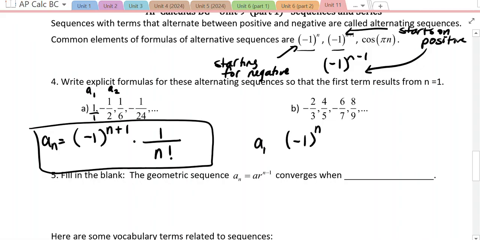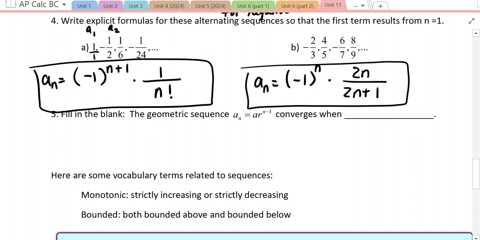Basically. And then 4, 6, 8. So that's a nice little 2n on the top. And on the bottom, I have 3, 5, 7, 9. So these are going up by 2 every single time. And we're going to say 2n plus 1. So there's one of those two.